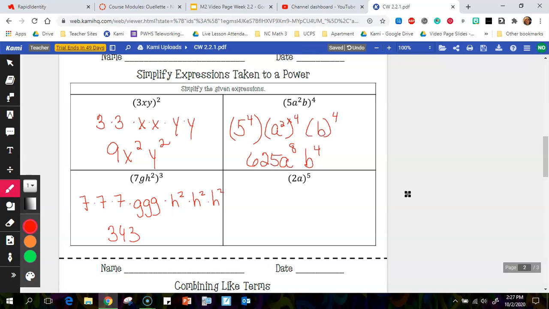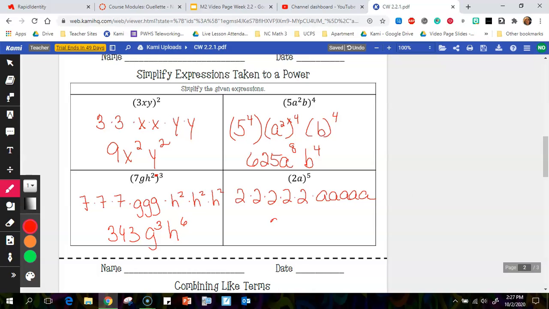So these are really just different ways you can look at these, different ways you can write them out. G to the 3rd power. And then this is h to the 2 plus 2 plus 2, which is h to the 6th. And if you think about that 2, that would be the 2 times the 3 right there. All right, so this is 2 times 2 times 2 times 2, that's 4, times 2 times a.